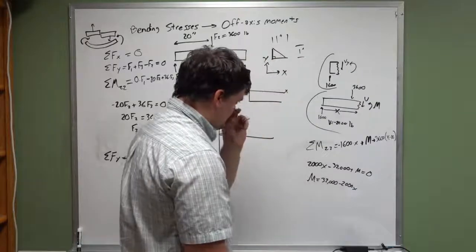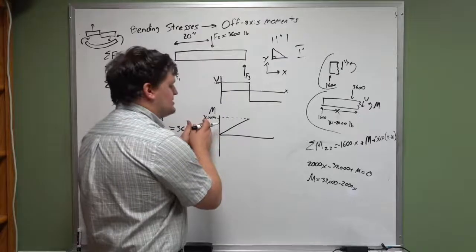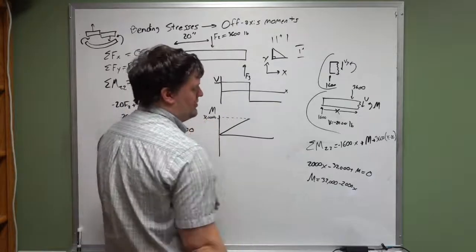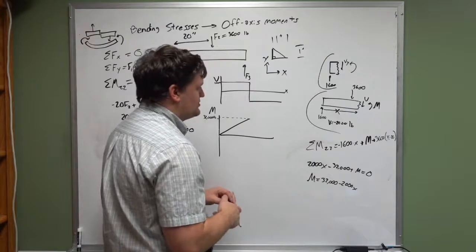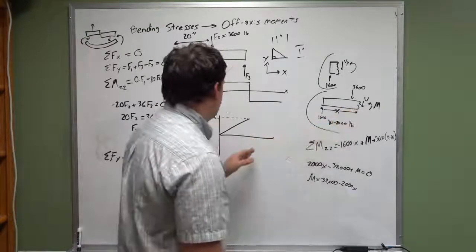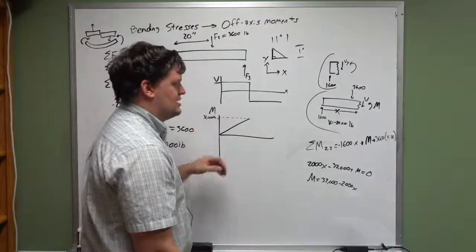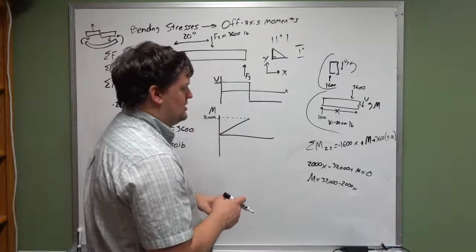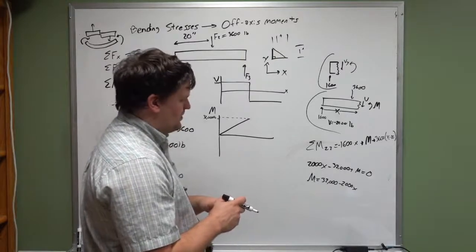When x is equal to 20 inches, you get the 32,000 pounds. I don't know why my math isn't saying that. I did something wrong. But at x equals 20, you should see a moment value of 32,000. It's troubling.